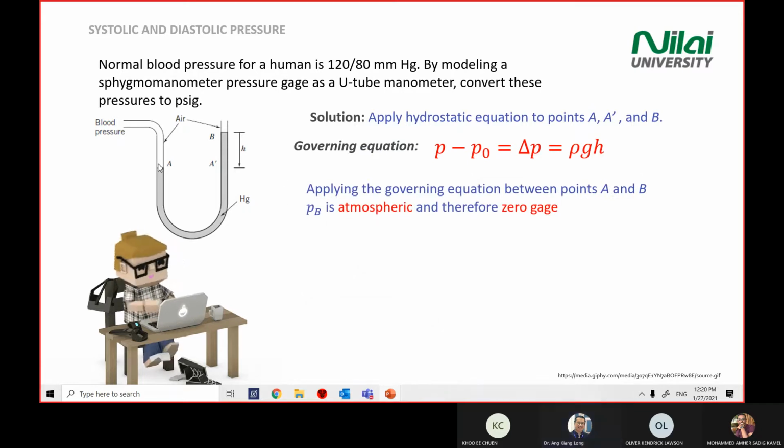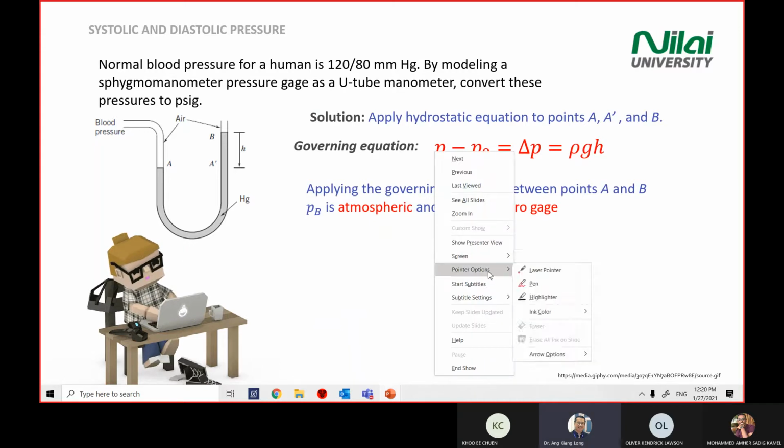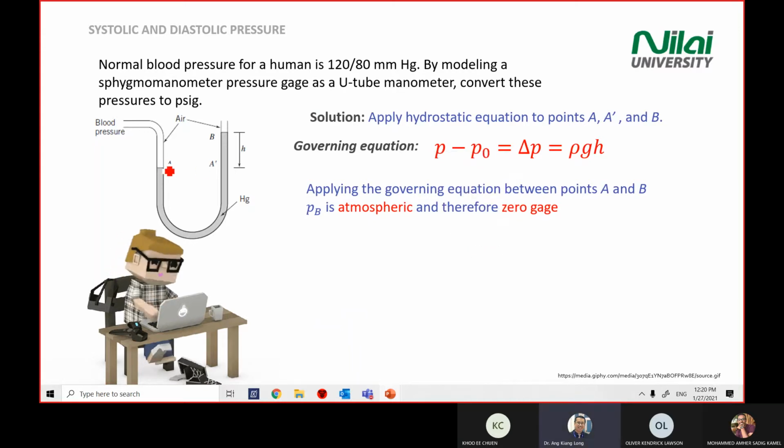First step, you look at this point A here. I start to use my pen. The pressure at this point and at this point, because these two are exposed to atmosphere, your gauge pressure reading at this surface will be 0. 0 gauge means your P gauge will be 0.